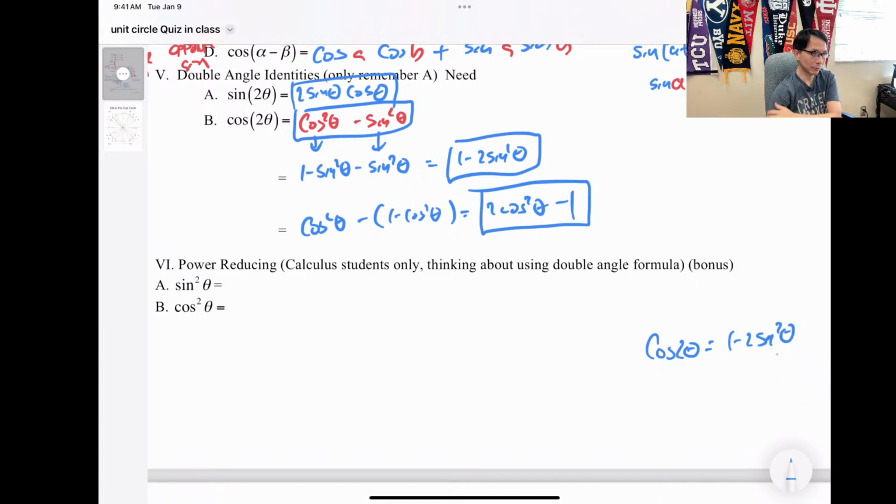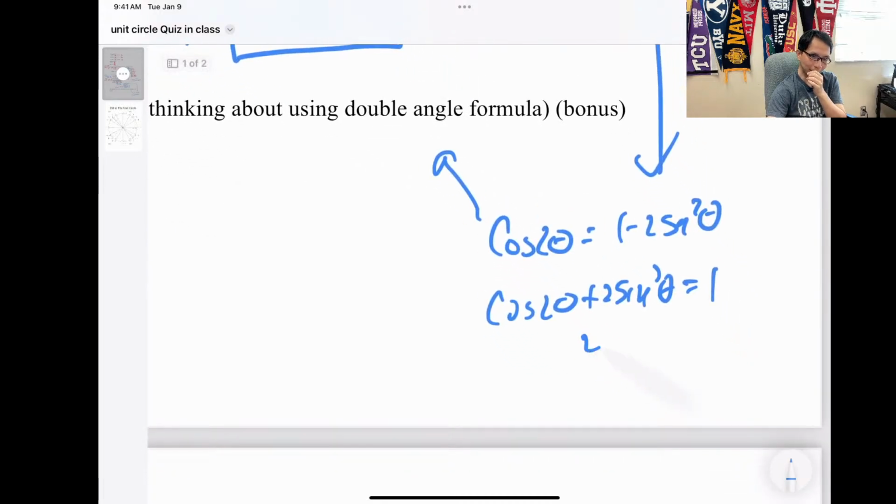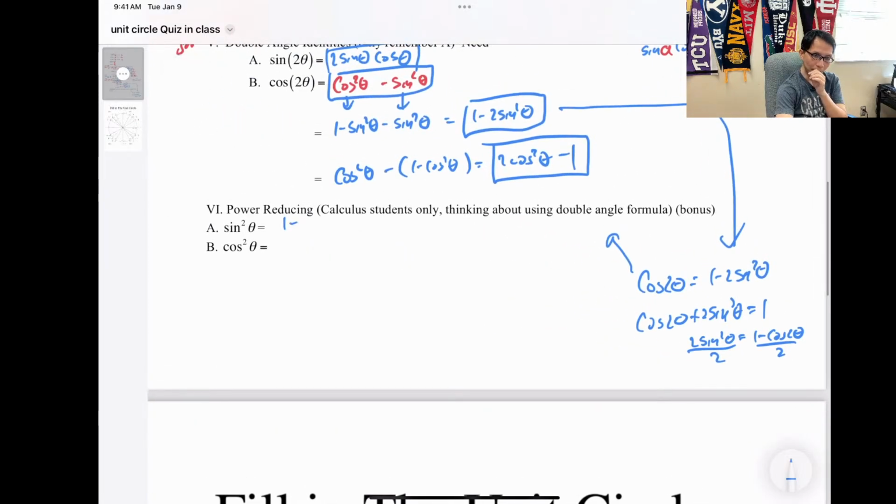I can solve for it. I'm moving the sine squared to the other side. Does that make sense? I'll move back, and divide by 2. So that's 1 minus cosine 2 theta over 2.